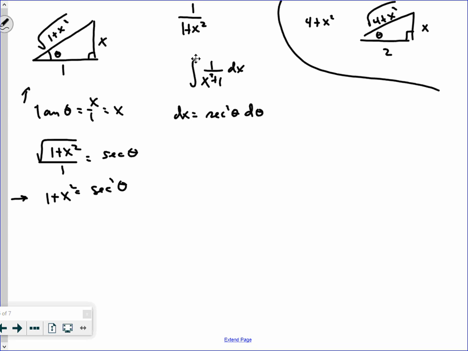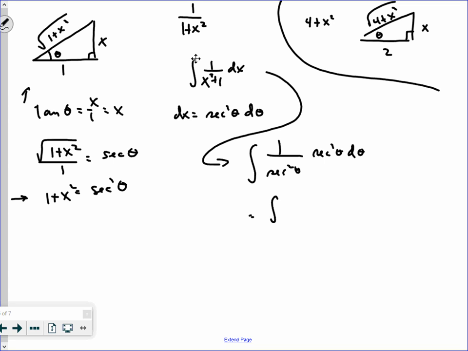Substituting all of that in then, 1 over x squared plus 1 is secant squared theta. Dx is secant squared theta d theta. The secant squareds cancel. Okay, and you've got the integral of 1 d theta. Well, theta is the variable now.